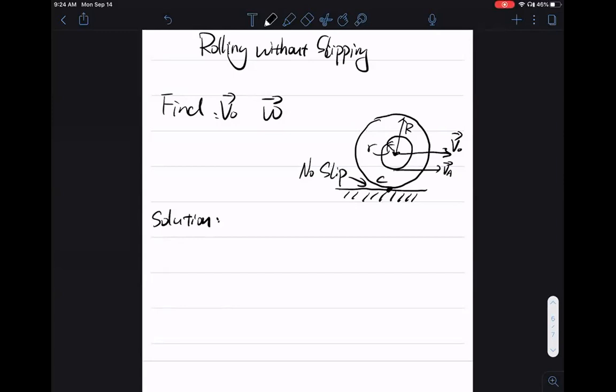It looks like case 1, right? We have a wheel on a fixed horizontal surface. That's our case 1. Okay, now we know it's case 1. Check your notes and copy all the things we know from case 1.